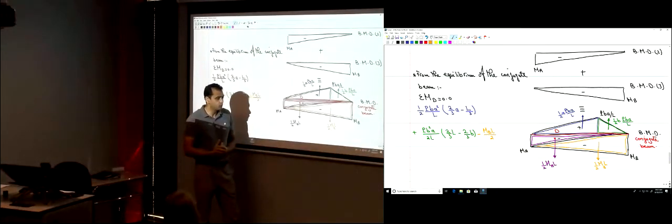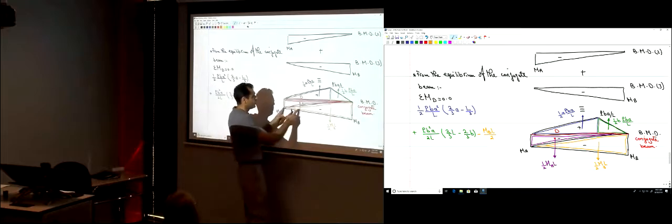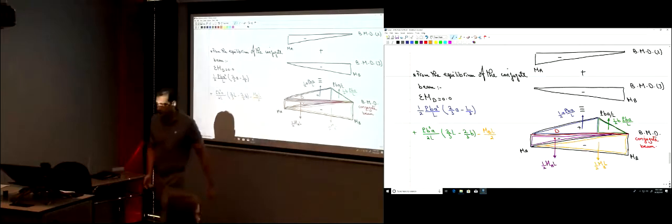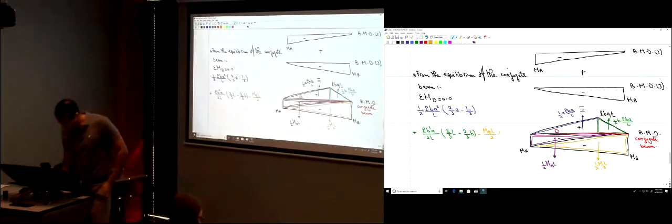No, it has nothing to do with A. 1/3 L. This is 1/3 L, this is 1/3 L, so this is 1/3 L. So multiplied by L divided by 3, everything here is equal to 0.